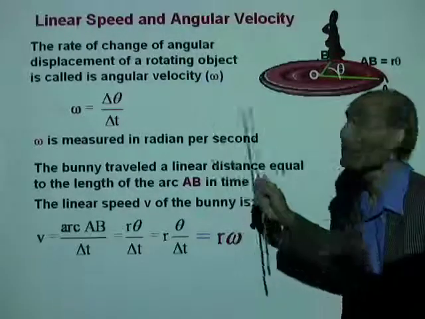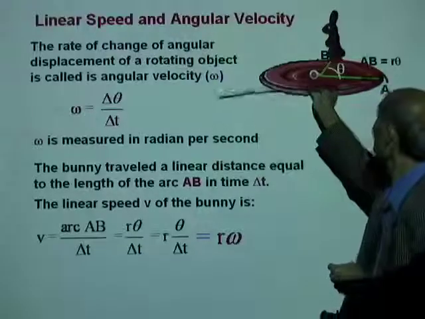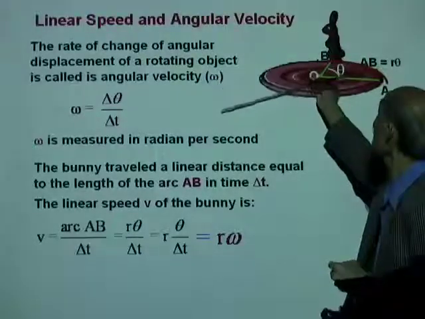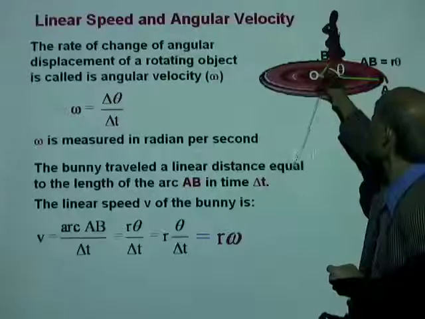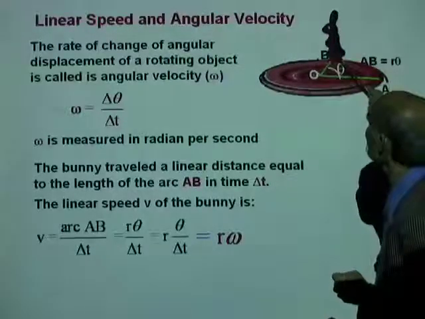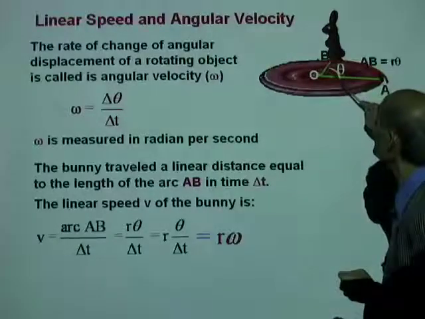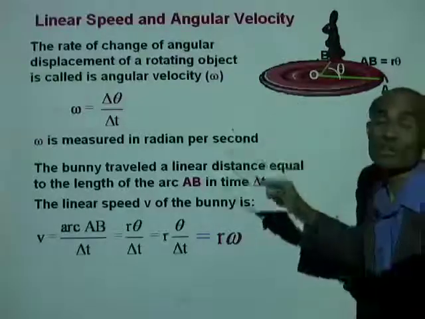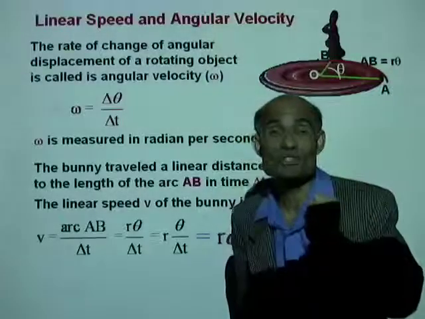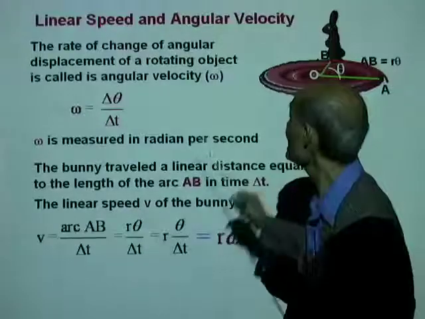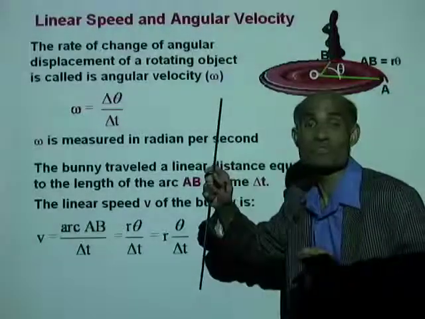Well, no. Why not? Because the rate at which the radius describes the angle does not change. The bunny can sit anywhere on that radius. The angular velocity will not change. But its linear speed will change.